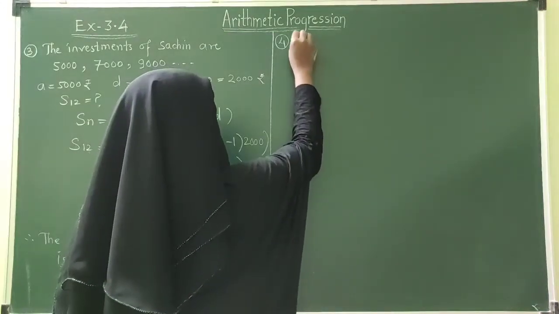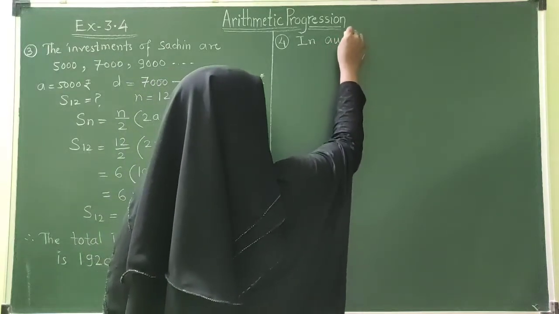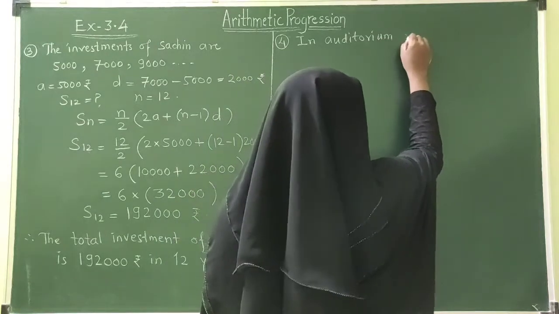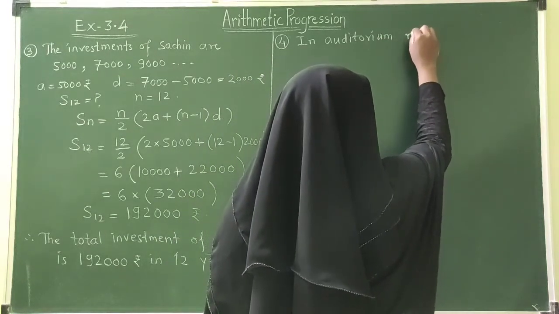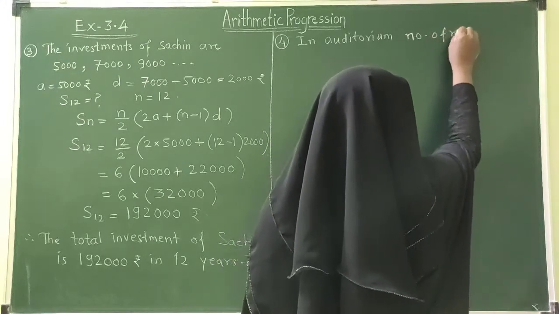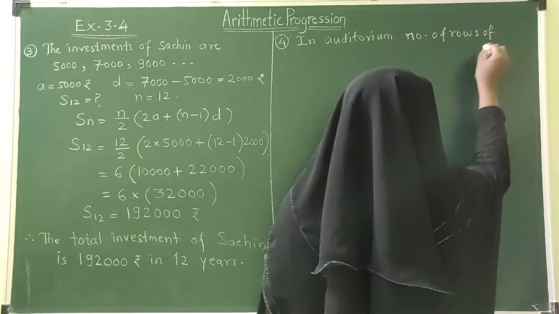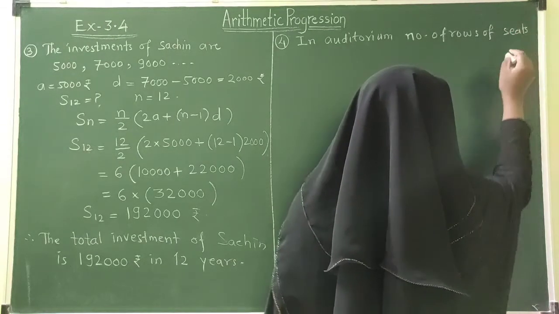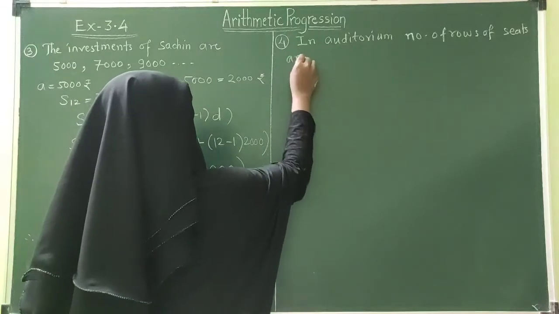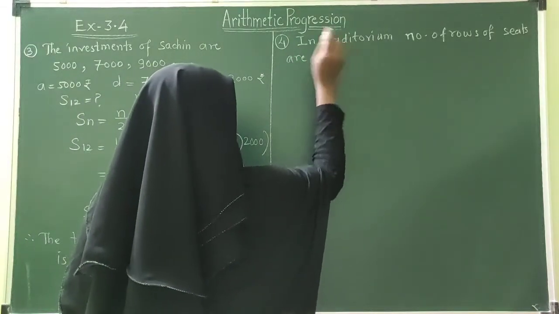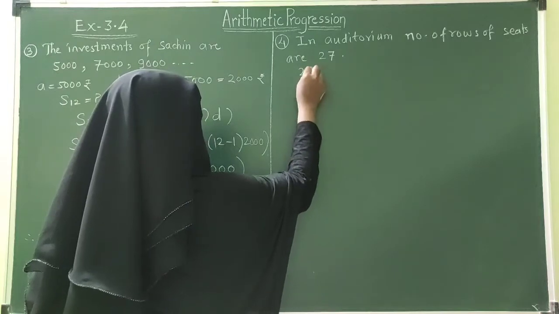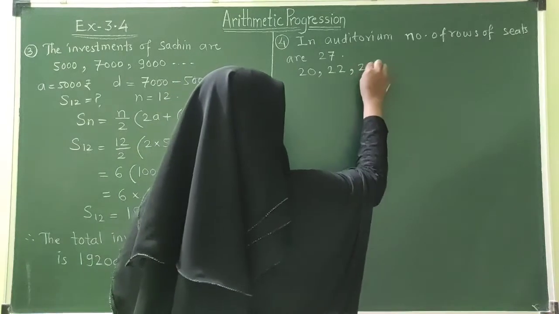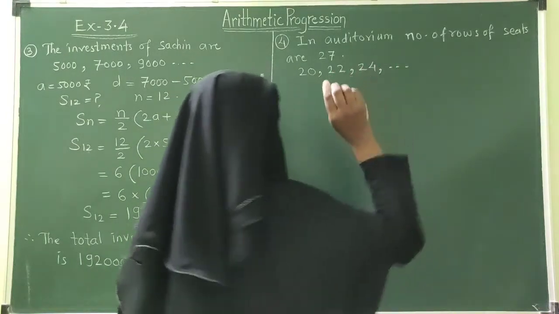In the auditorium, number of rows of seats are 27. In first row there are 20 seats, in second row 22, in third row 24 and so on.